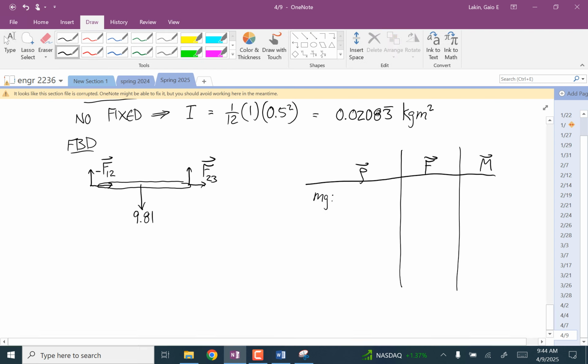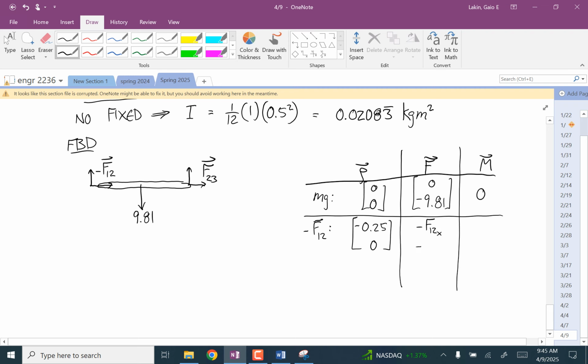Okay, so the weight force, rho vector is 0, 0. The force is 0, negative 9.81. Cross product is 0. Then negative F12. The rho vector is negative 0.250. The force is negative F12x, negative F12y.